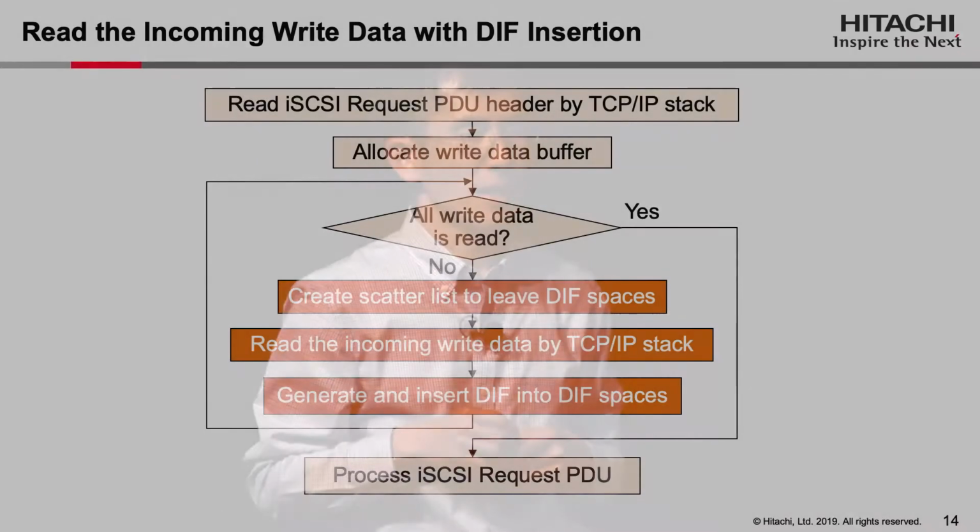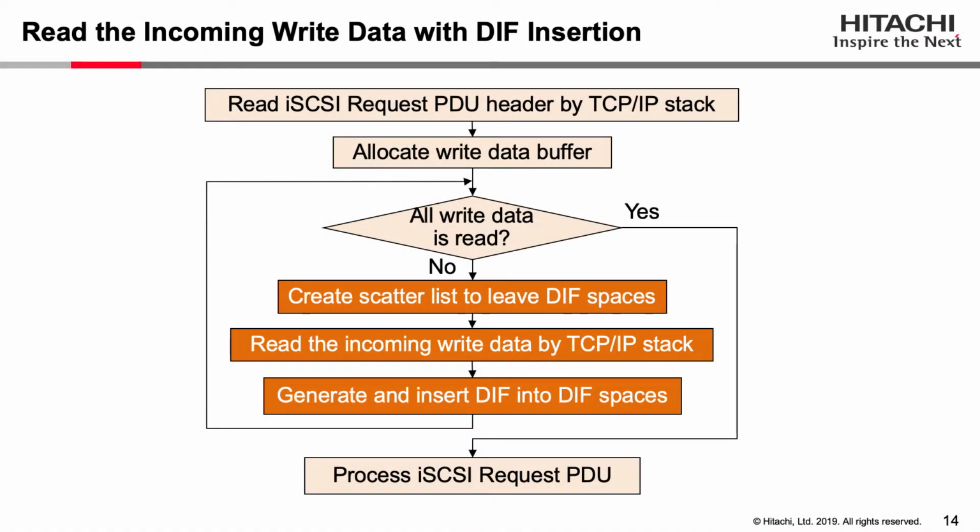To process the splitting, the iSCSI target adjusts the scatter list before every read, and if the newly read data starts from an unaligned offset, we step back to the aligned offset and generate and insert DIF for the full data block.